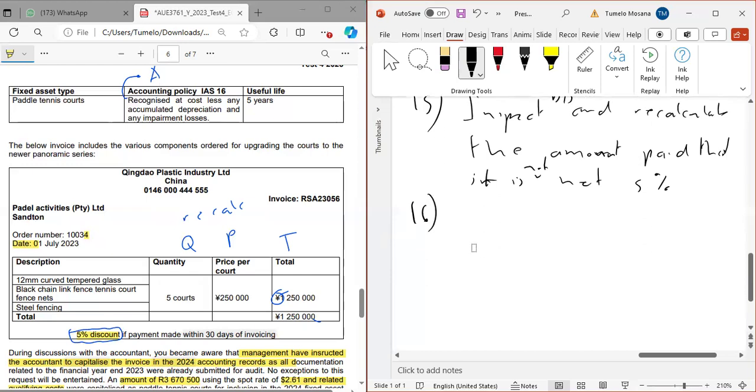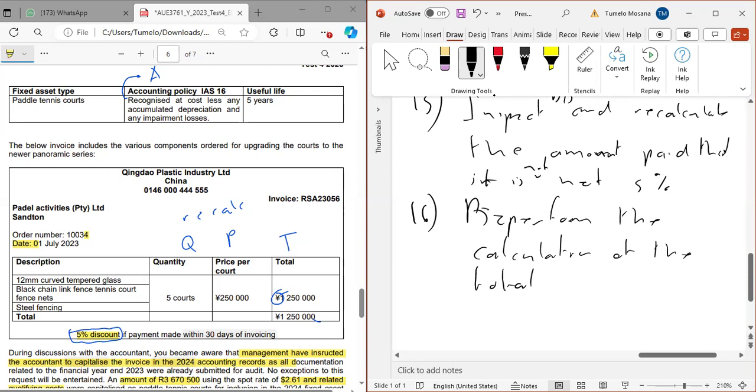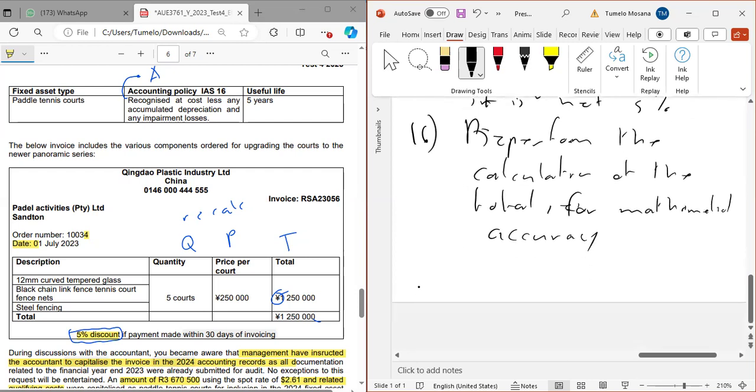And since I've been given this one, which is the easiest one, I would essentially reperform the calculation, right, of the total for mathematical accuracy. You can state that. And you could also obtain the exchange rate for the spot rate.